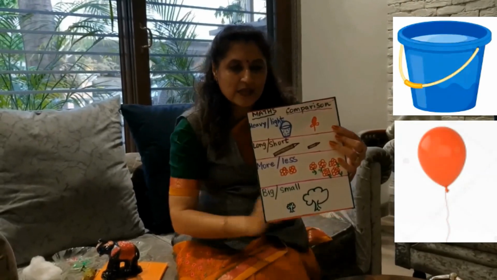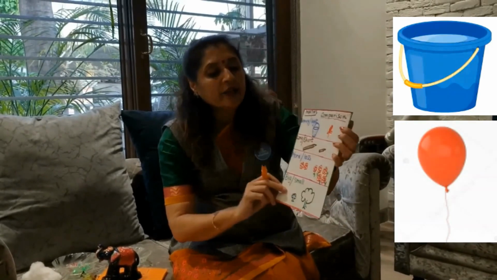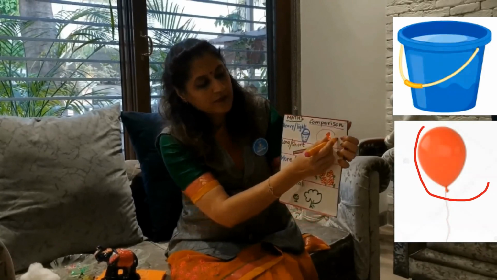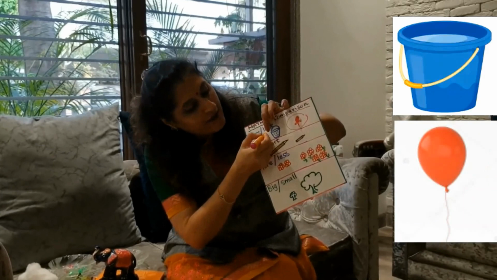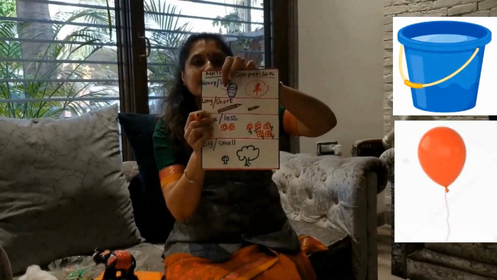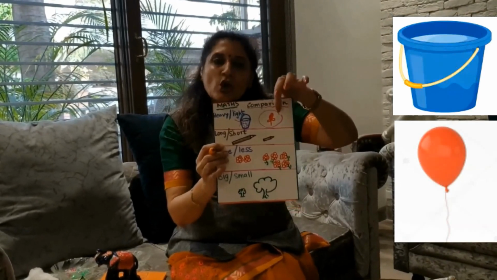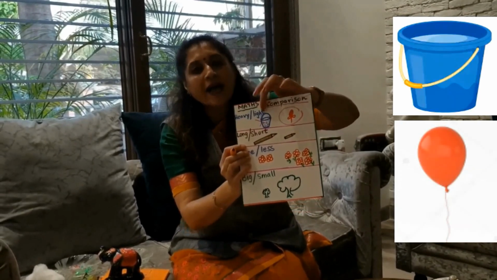So the exercise is you have to circle the light object. And here you have to cross the heavy. You have to cross the heavy object. Circle the light object. Balloon is light in weight, so you have to circle the balloon and you have to cross the heavy object.